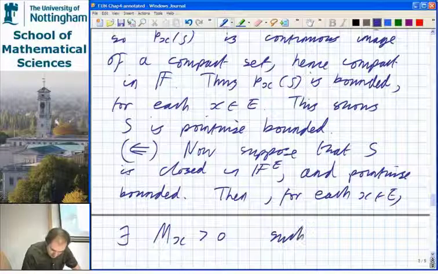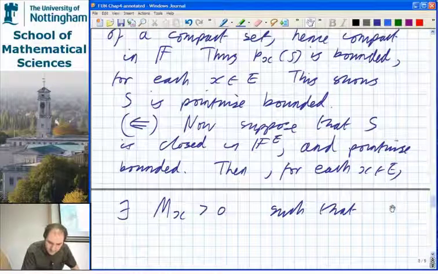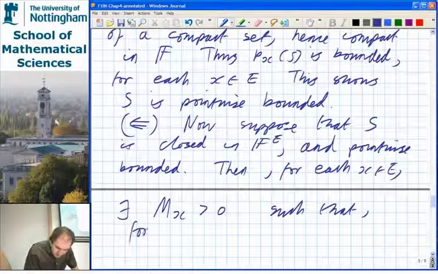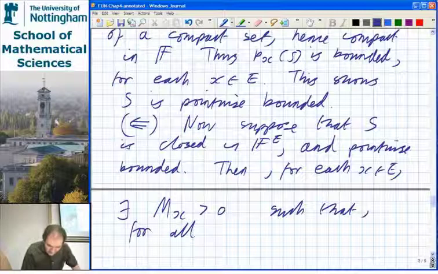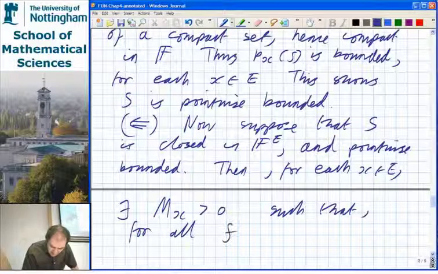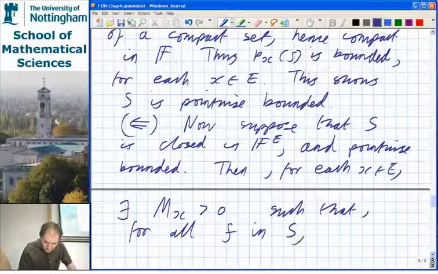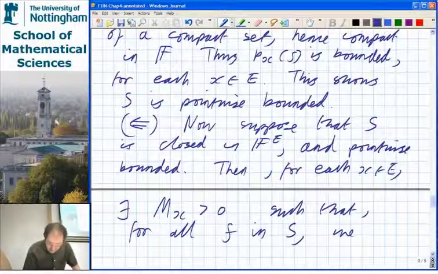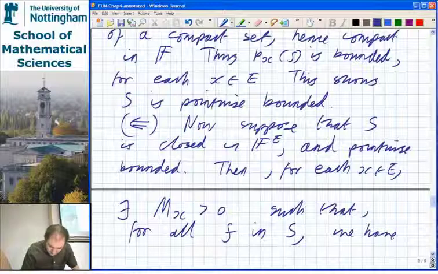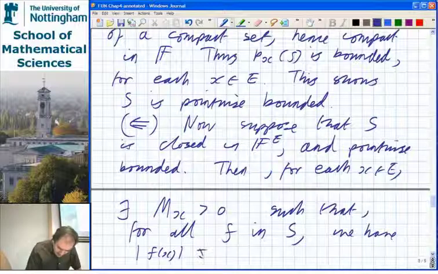such that for all f in S, I'll call it this time, we have modulus f of x is less than or equal to m_x.